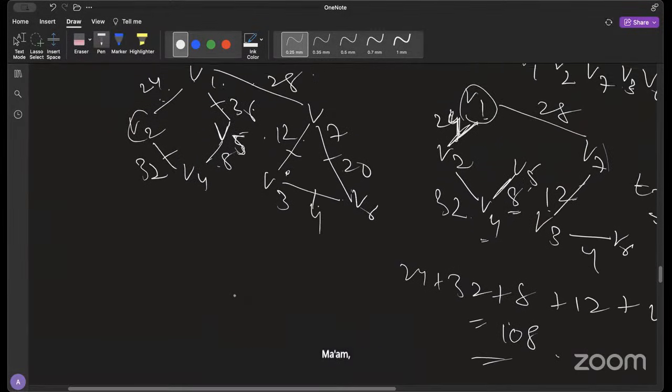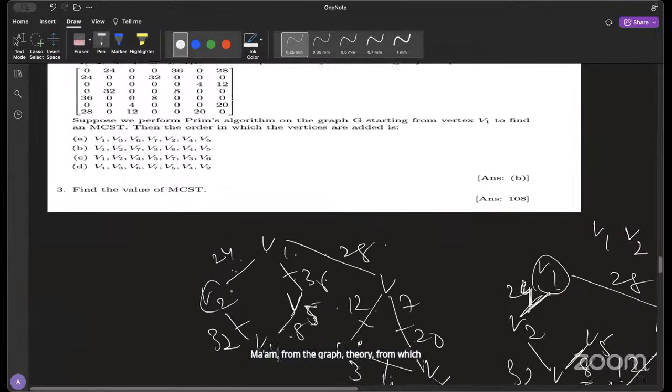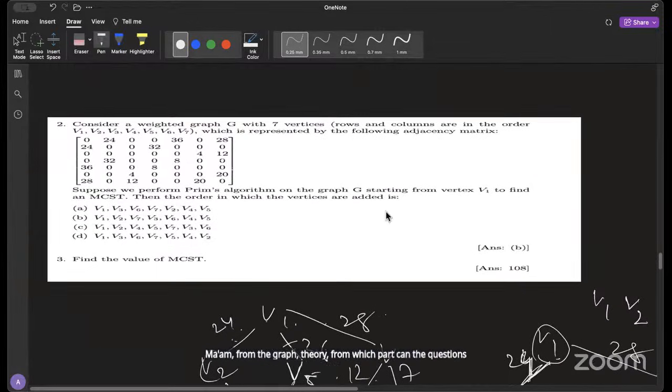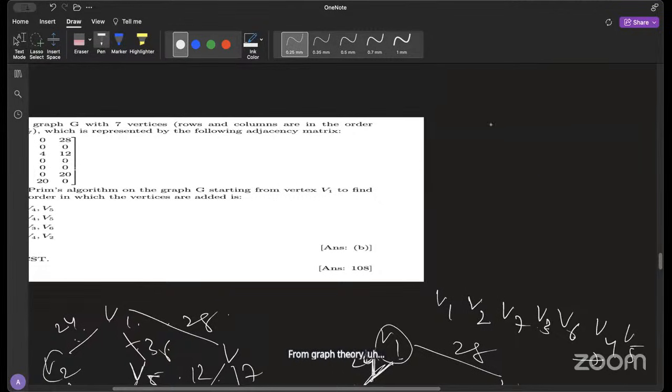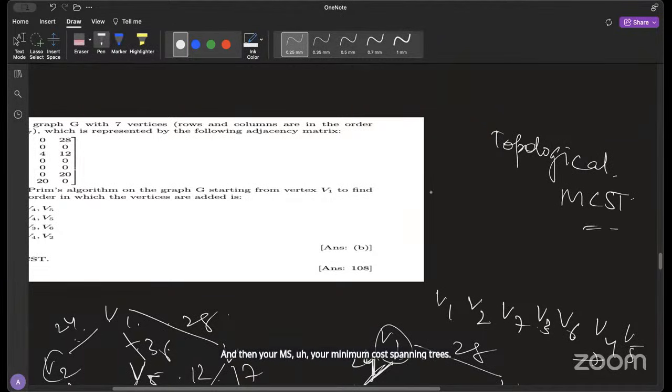Ma'am, from graph theory, from which part can the questions come? Like, maximum probability, from which part can the questions come? From graph theory, important topics involve topological sorting, and then your minimum cost spanning trees, and then those things that we did at the start. Then perfect matching.